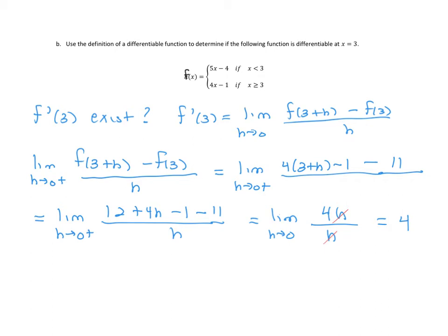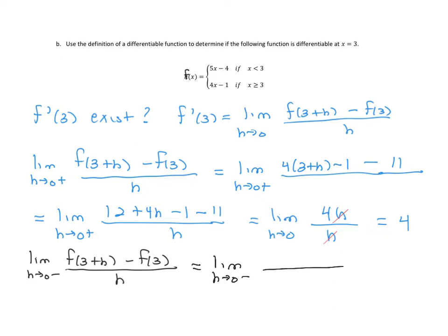But what if we approach from the left of the same function? We have that this is the limit as h approaches 0 from the left. And since we're coming in from the left, we're now using this part of the definition. So I'm going to put a 3 plus h in place of this x.